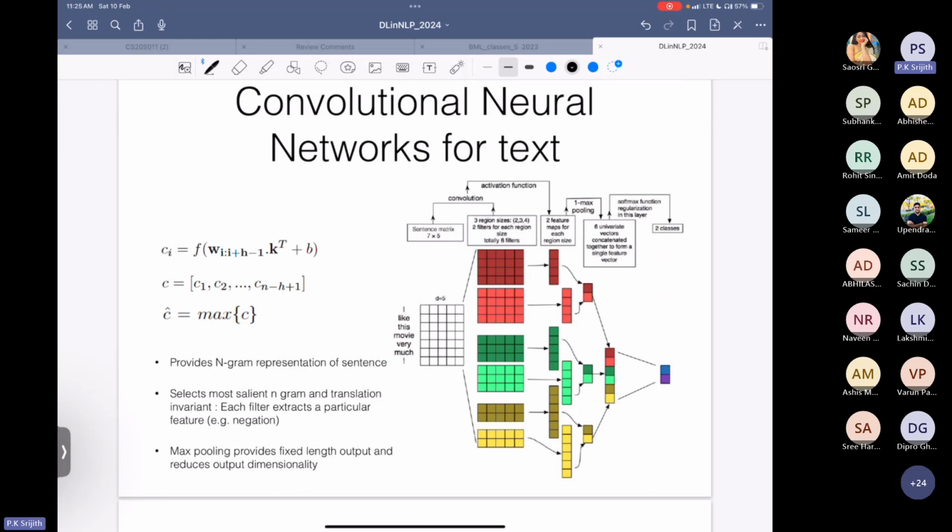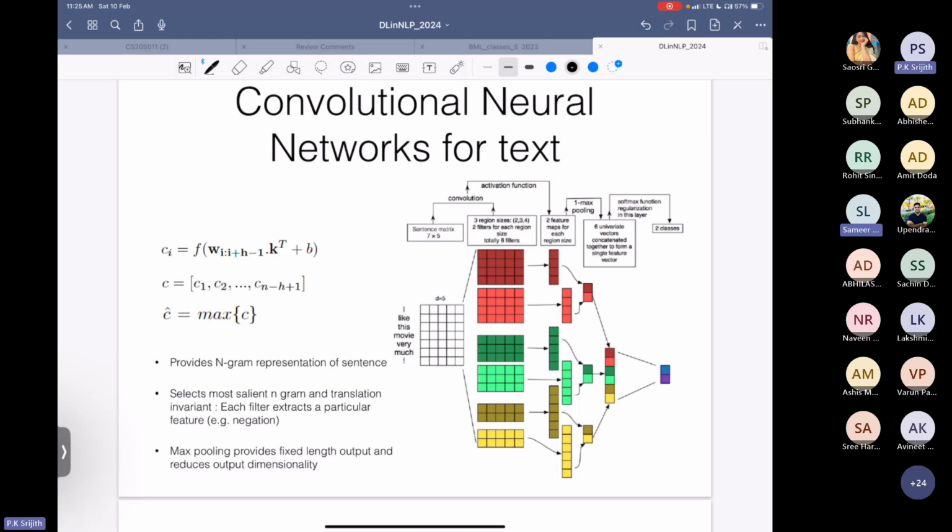What is the fundamental idea behind a convolutional neural network? Weight sharing through filters. What do you mean by weight sharing? Many connections between many neurons have the same weights because we are using filters.